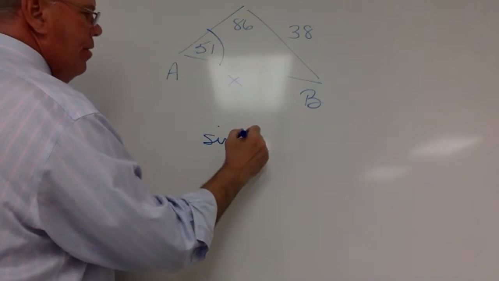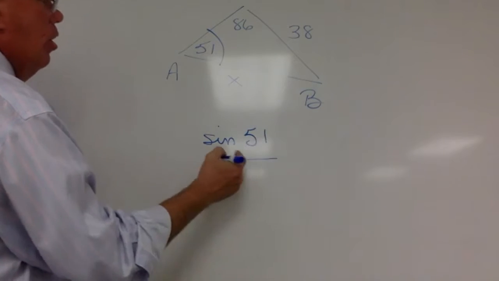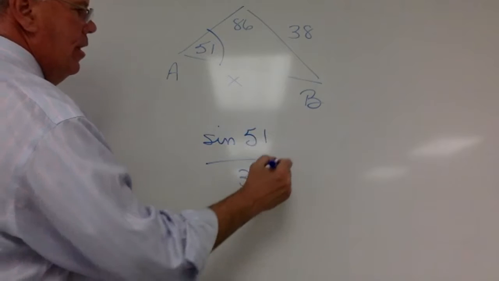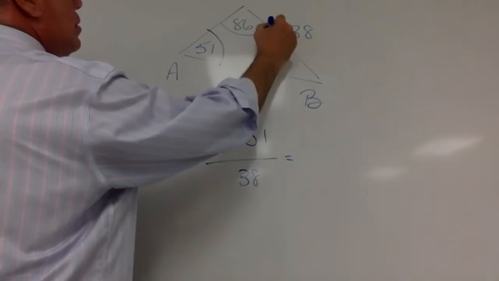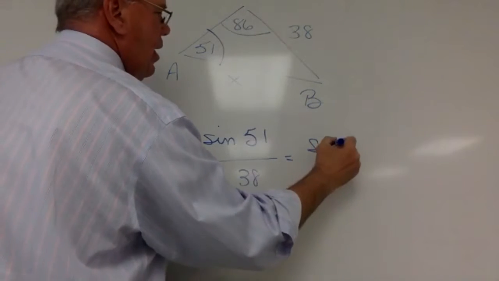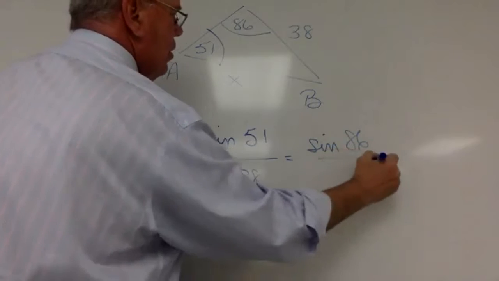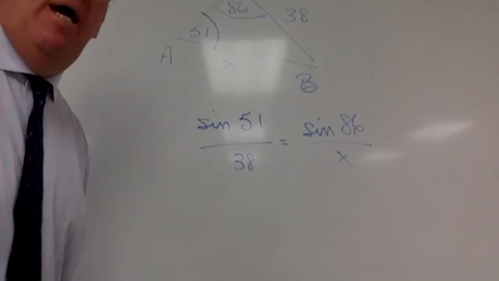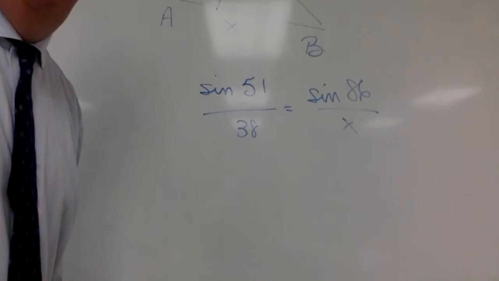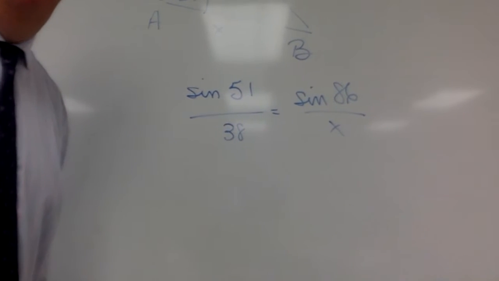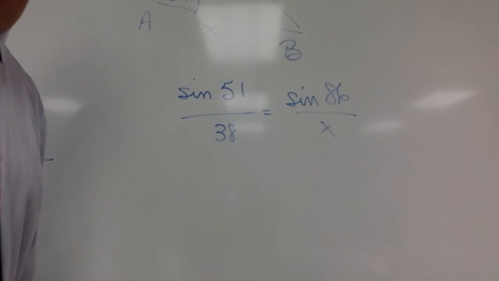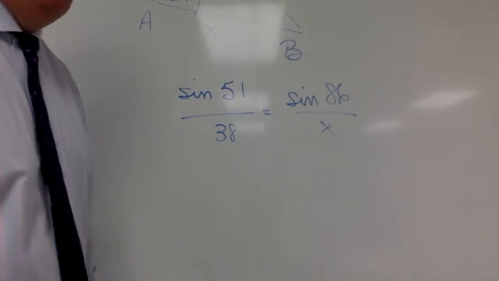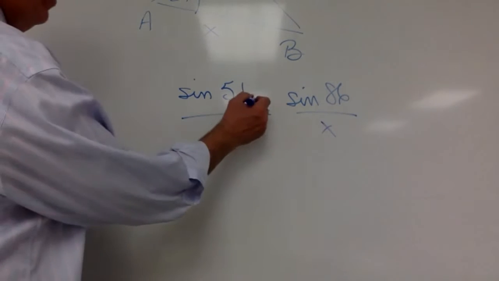The sine of 51 over 38 equals the sine of 86 over x. Does that make sense to you guys? Do you see how you always use the angle and the side opposite? Does everybody understand that? Yes or no? Yes. All righty.